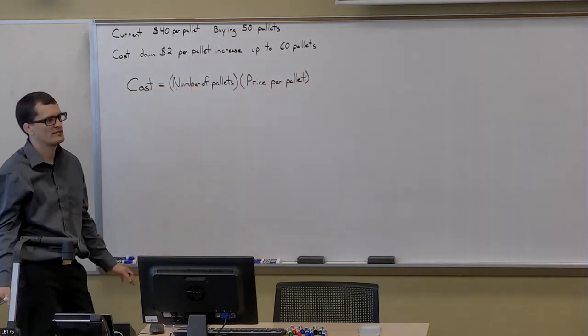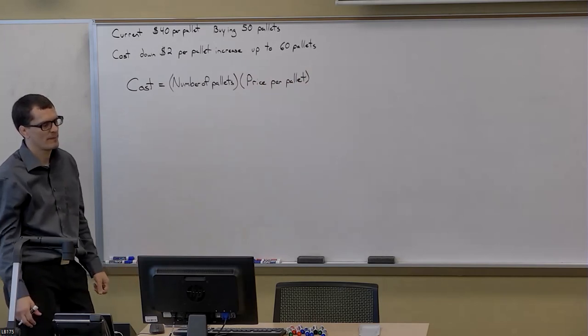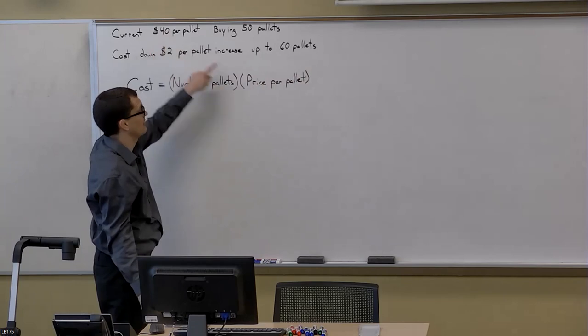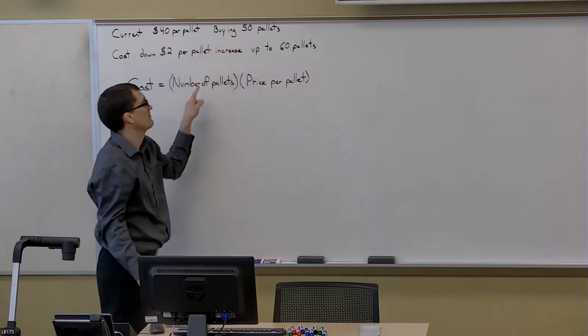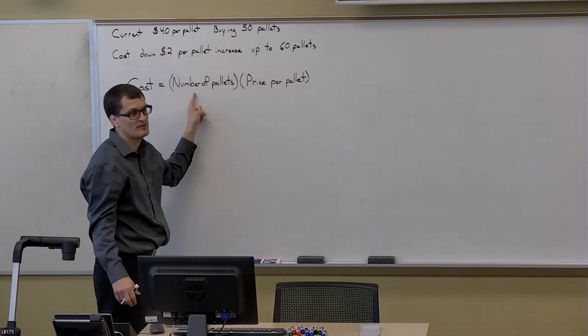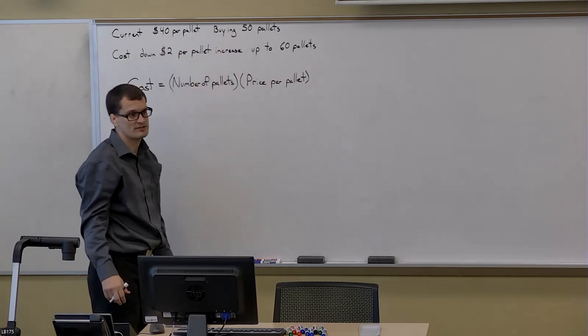Everybody agree with that? Does that make sense why the total cost is what it is? All right, so right now, we're spending $40 per pallet while we're buying 50. So right now, the total cost would be 50 times 40, which I believe is 2,000.